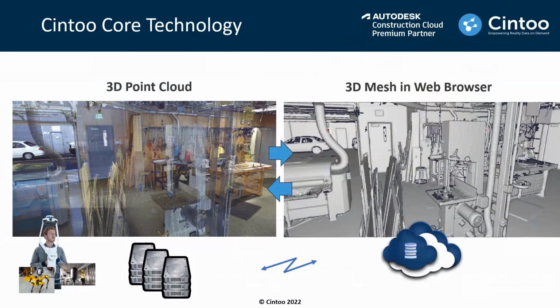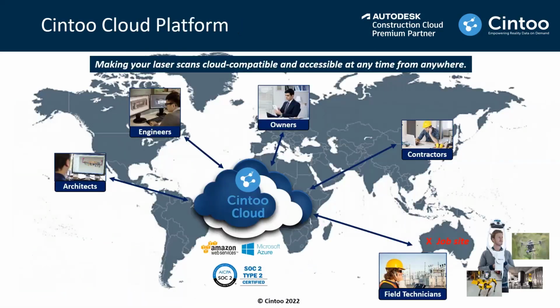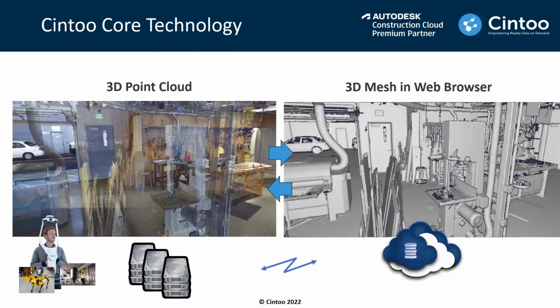So we do this point cloud to mesh transformation prior to the upload to the cloud. And once the data is in the cloud as a mesh, we can then stream it very fast in a web browser, the same way Netflix would stream high resolution videos. And we can also do the inverse transformation, the mesh back to the point cloud.